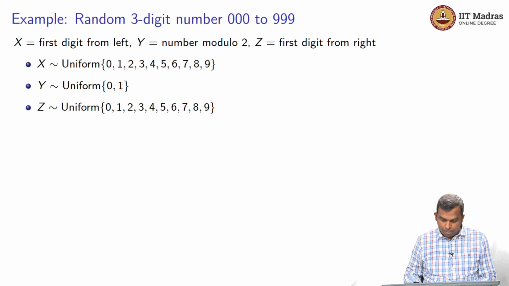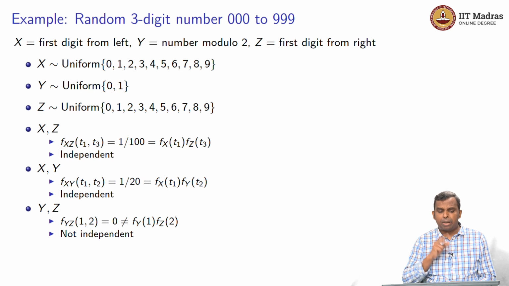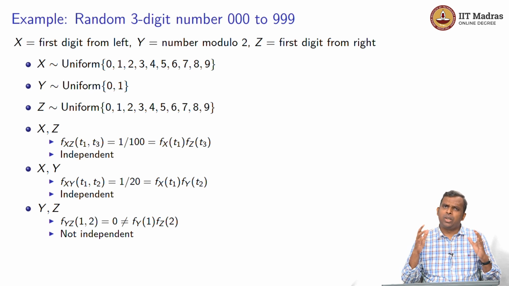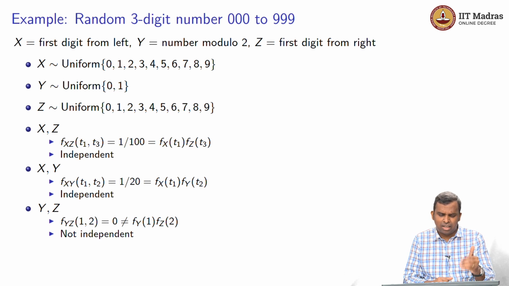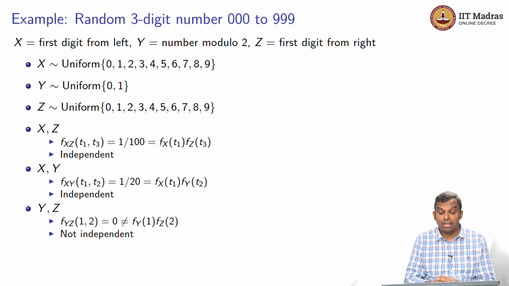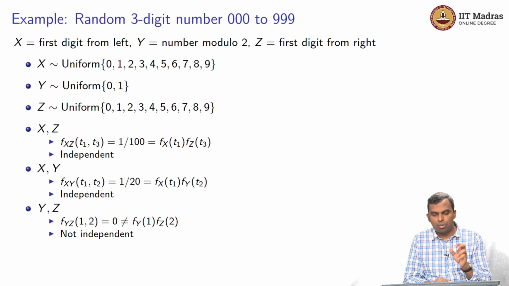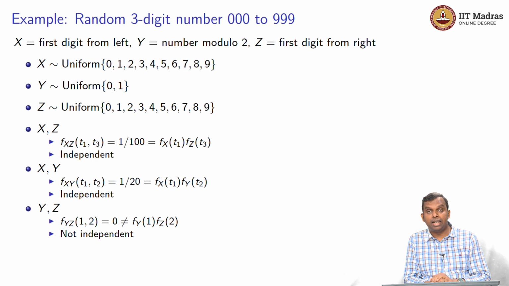Now let's look at independence of pairs of random variables first, right? So X and Z, you will see, are independent. You can quickly check. I'm not going into the detailed calculation here, I will leave these as exercises for you. Please check this. The joint PMF of X and Z alone will be 1 by 100. It's easy to calculate the probability that X equals 0 and Z equals 0.